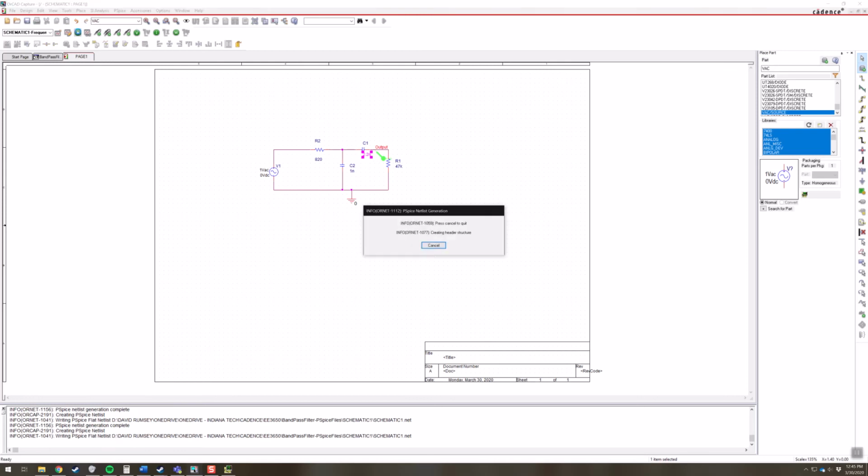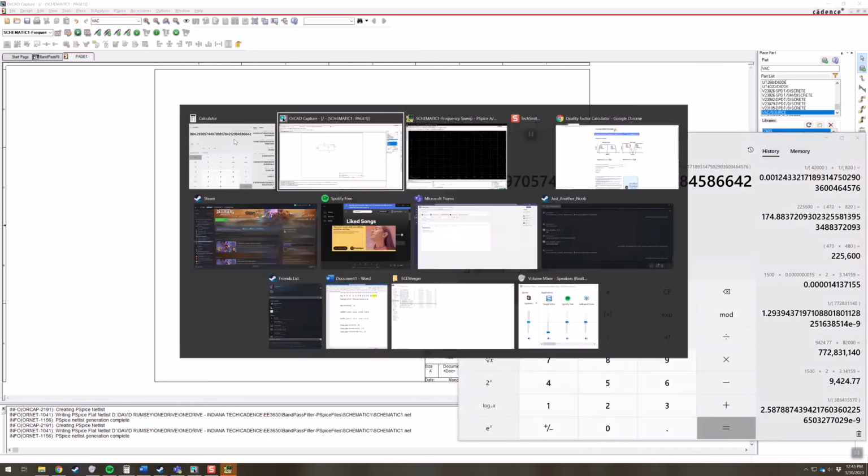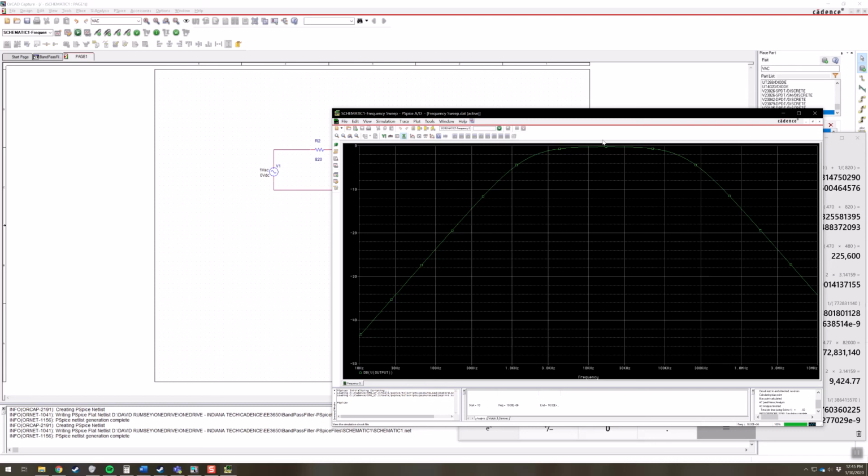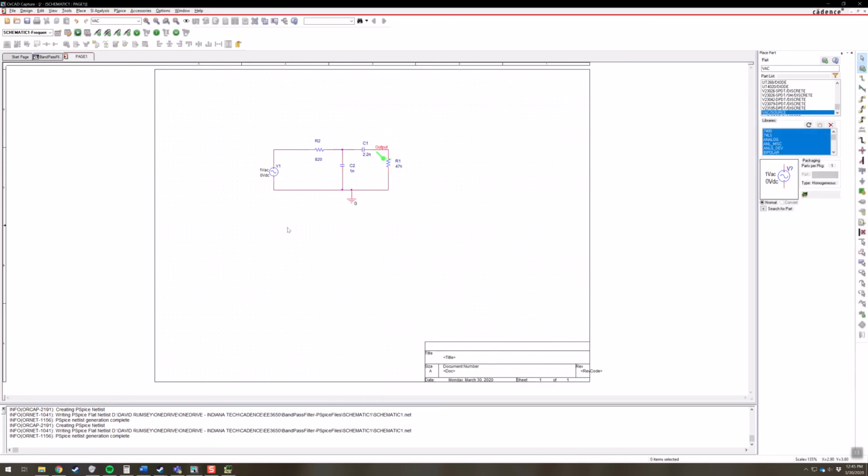If I resimulate this, putting them back the way they were, we can see now the graph goes up to 0 decibels, so we don't have that loading effect in place. Now, the next set of labs we'll move on to, to finish up the semester, are going to be active filters. There are two advantages with active filters. One is that we don't have the same loading effect that we have going on here. That's a huge advantage.